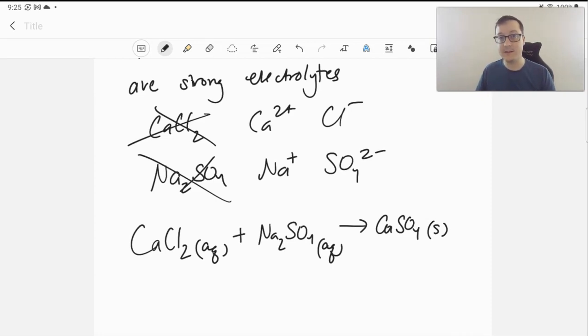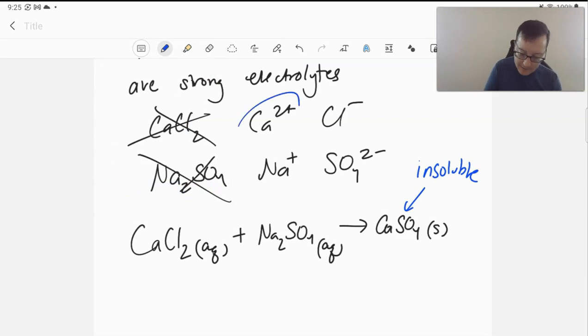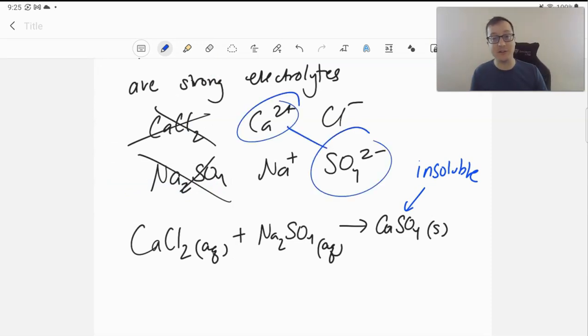Insoluble means solid, which unfortunately is the same letter as soluble, but S means solid. So insoluble things, I'll indicate that here in blue, will be the following. That's the combination of the calcium and the sulfate there. And then we also will make technically aqueous sodium chloride. We can write it like that.